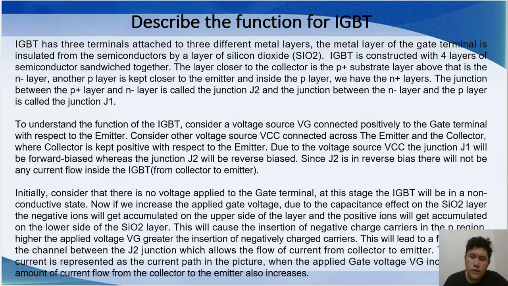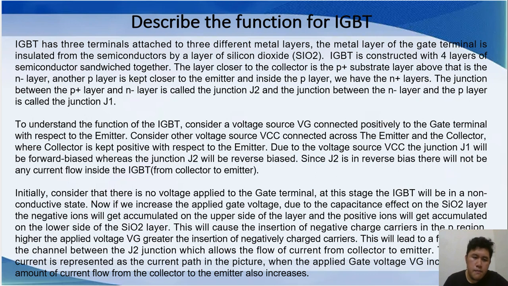IGBT is constructed with four layers of semiconductor sandwiched together. The layer closer to the collector is the P plus substrate layer; above that is the N layer. Another P layer is kept closer to the emitter, and inside the P layer we have the N plus layers.